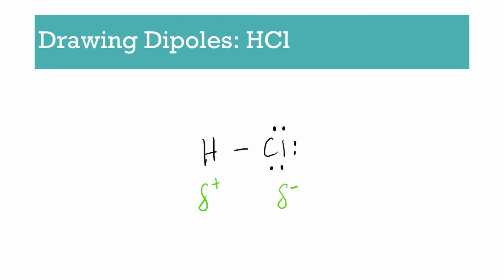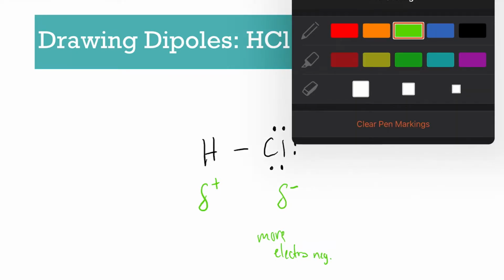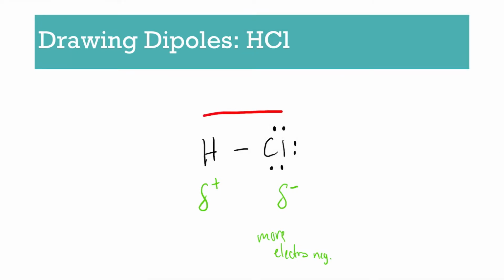So the more electronegative atom in the bond will be the delta negative. So this is more electronegative, and it has those electrons. So again, your arrows, we're just going to point them to the negative side. And that's it. The way they have a little line at the end and they point to the negative, that is how you would draw that.